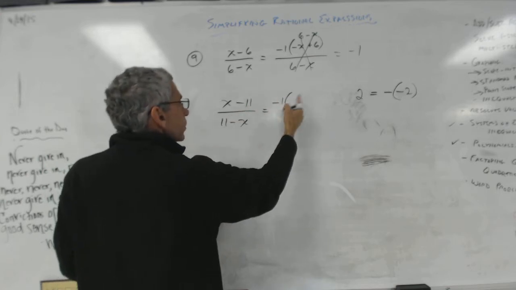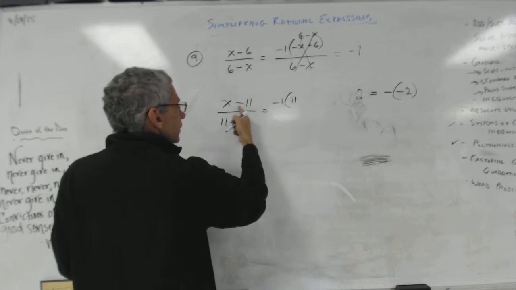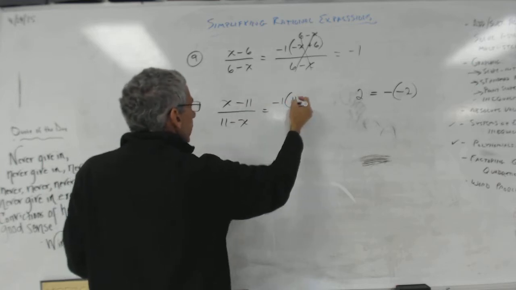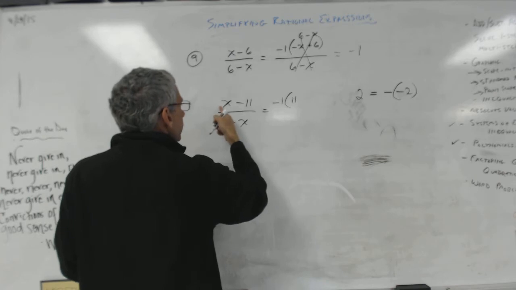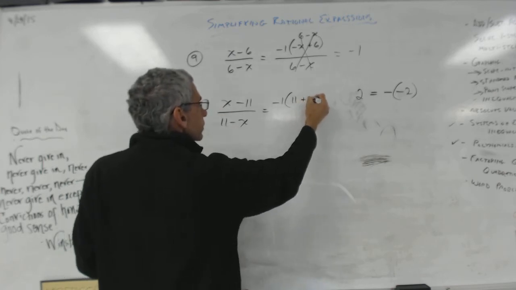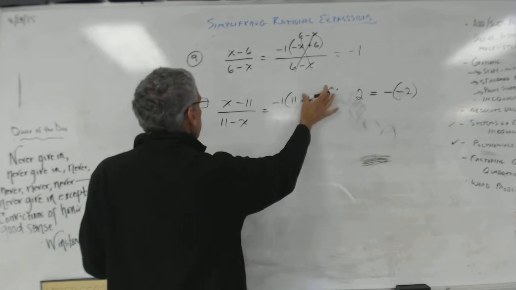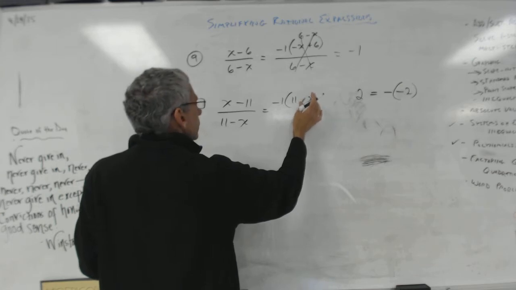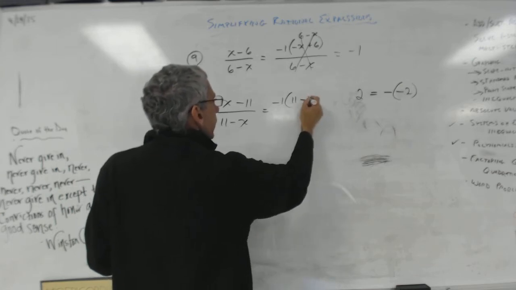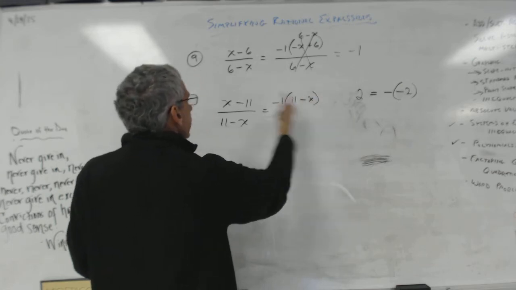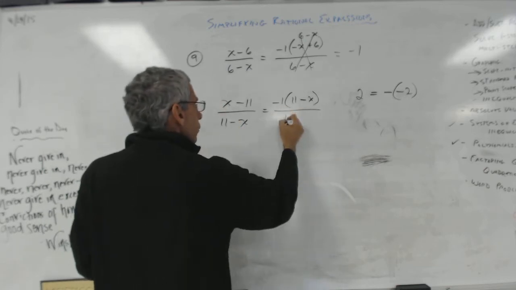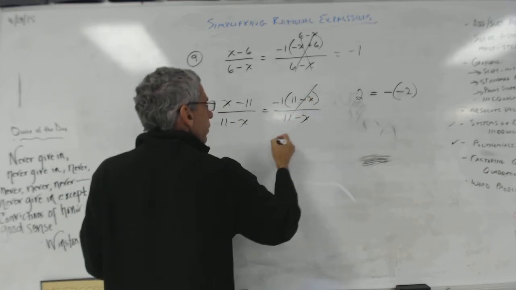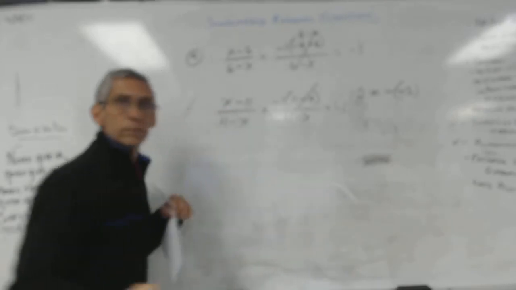Negative 1 times 11 is equal to negative 11. And then negative 1 times what is positive x, plus x. Wait a minute, what am I doing? Negative 1, no, sorry. Negative 1 times negative x is positive x. There we go. All over 11 minus x, those cross out, it equals negative 1.